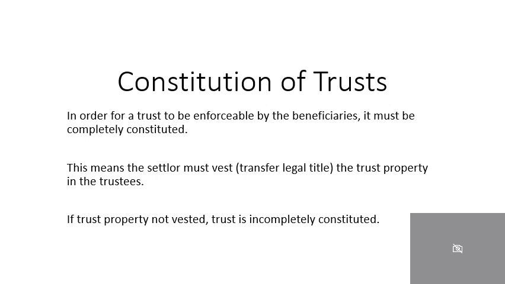So the trustees hold the trust property on trust for the beneficiaries, and if you remember, the trustees hold the legal title of the property, and whenever there's a trust, the legal and equitable title of the trust property separates. So legal title lies with trustees, but the beneficiaries have the beneficial or the equitable title.